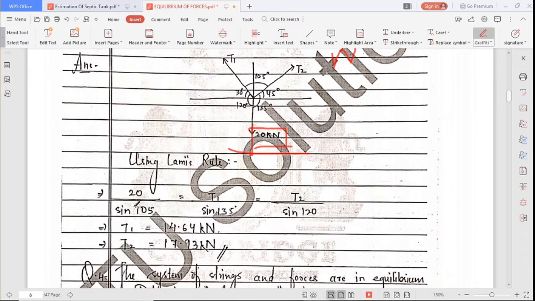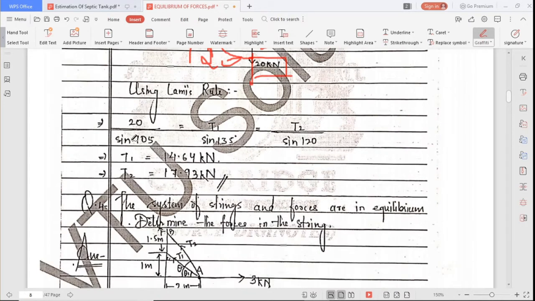So 20 divided by sine of 105 degree, which is equal to T1 divided by sine of 135 degree, the opposite angle, 90 plus 45. So this is 90 degree and this is 45. 90 plus 45 is 135 degree. T2 is opposite to the angle 90 plus 30, that is 120.